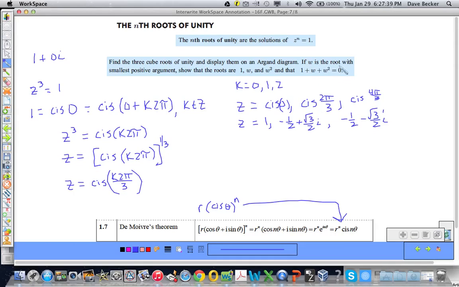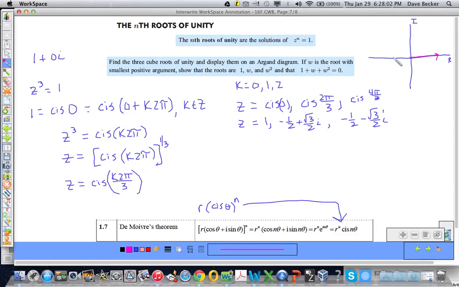If w is the root with the smallest positive argument. Oh, we have to display it on an Argand diagram. Okay, so here we go. Sorry about that. I'm going to just do R for real, I for imaginary, and we'll go pink for these. So for 1, we'd go here, right? There's 1.